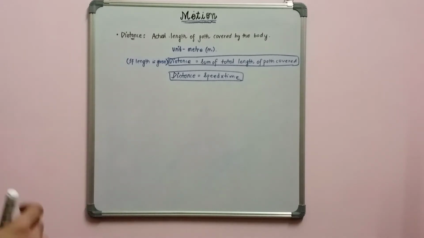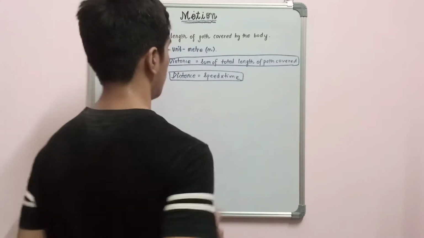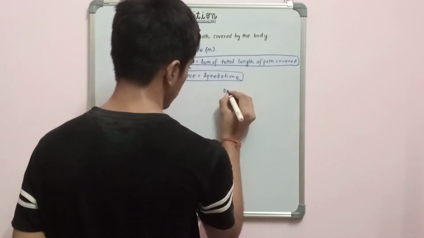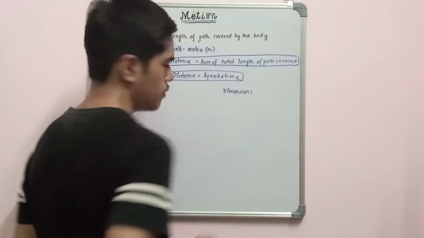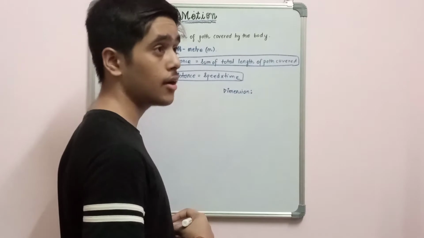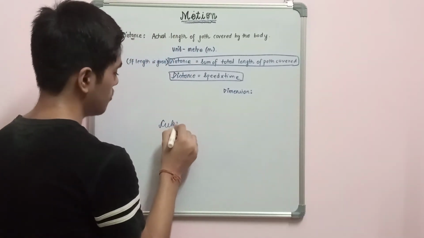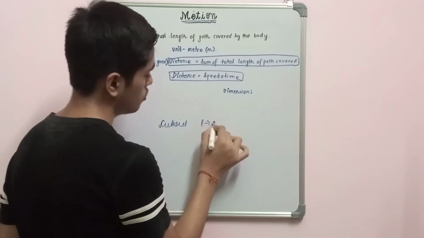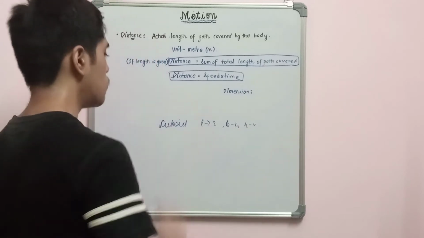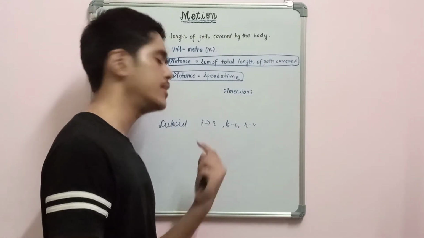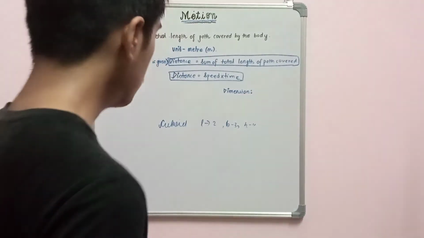Now let us learn a little more about dimension. See, what is dimension? We have seen in earlier classes in the mathematics book, there is a cuboid whose dimensions are: length 2, breadth 3, height 4. So these values, length, breadth, height, are all dimensions.